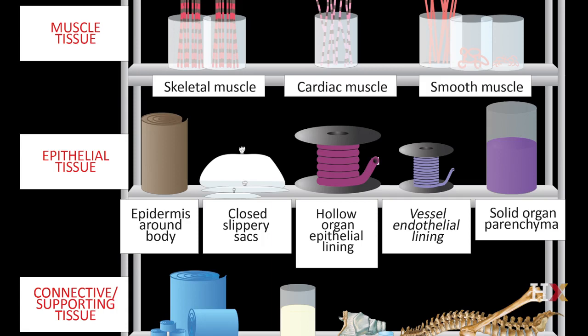We have a roll of epidermis over on the left that will be used to form the outer layer of the skin. And over on the right, we have a kind of amorphous beaker of parenchymal cells, and parenchymal cells in any organ will be the active epithelial cells, the functional parts of that organ.